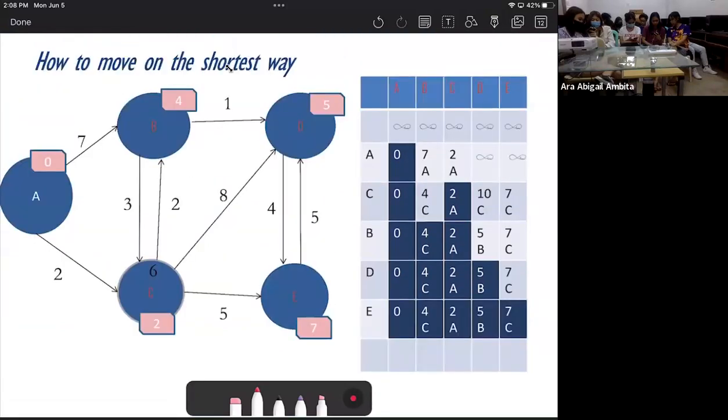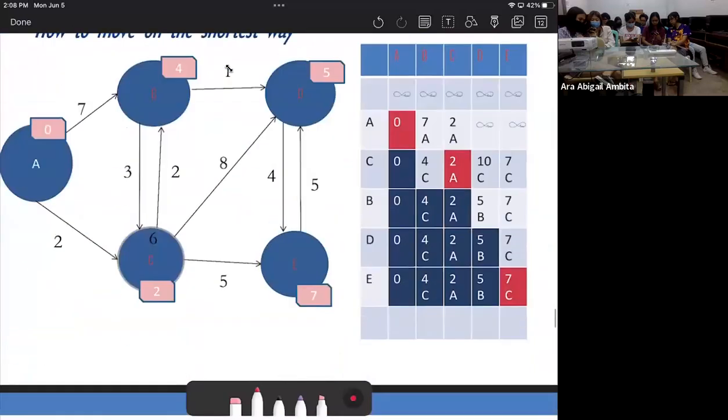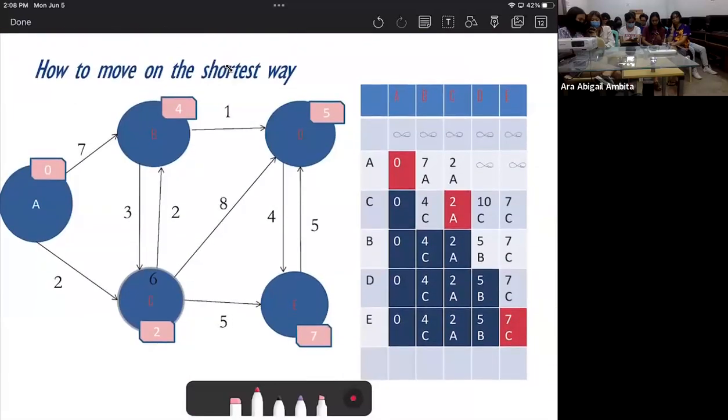So, wala na. Yung si E, pupunta lang naman siya kay B. So, copy lang ito lahat. E pala. It is 7 plus 5. It is 12. So, hindi natin to papalitan ng 12. 5 pa rin siya. Okay? So, ayan. So, yung way natin ay you look at the column na part.